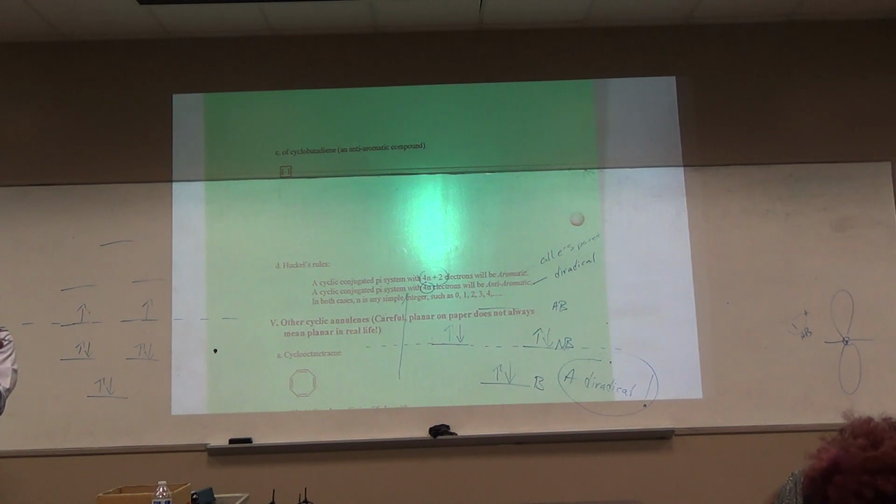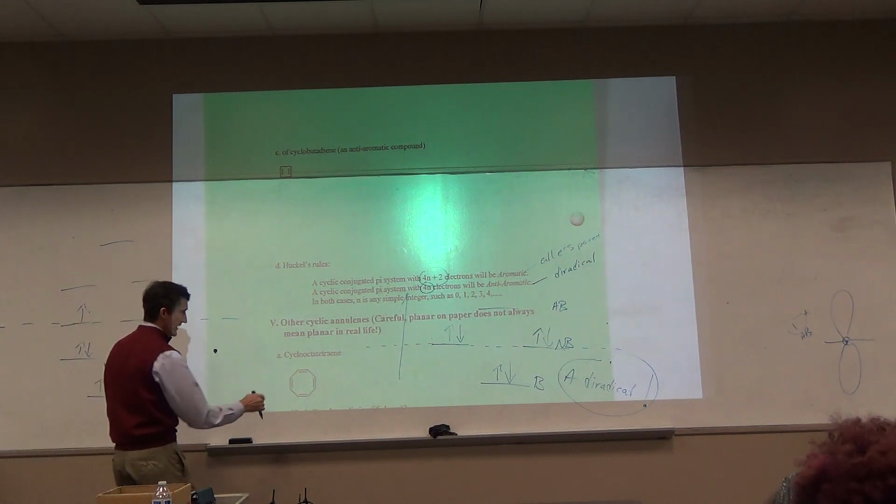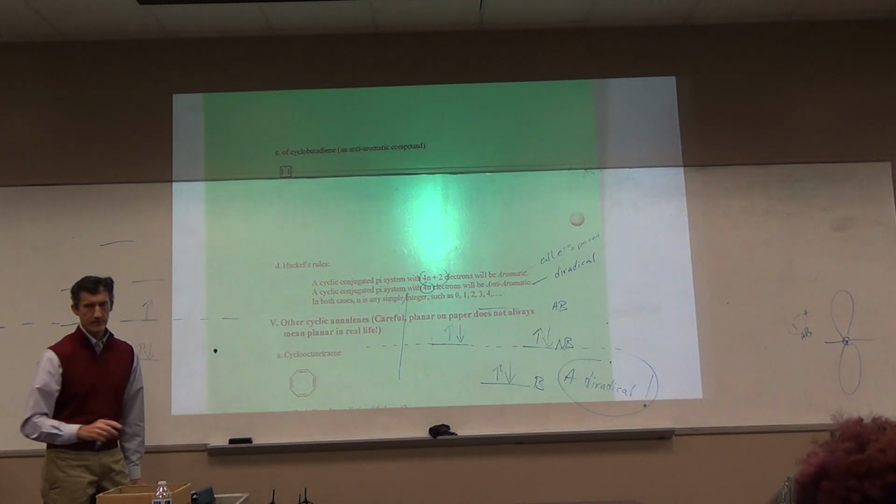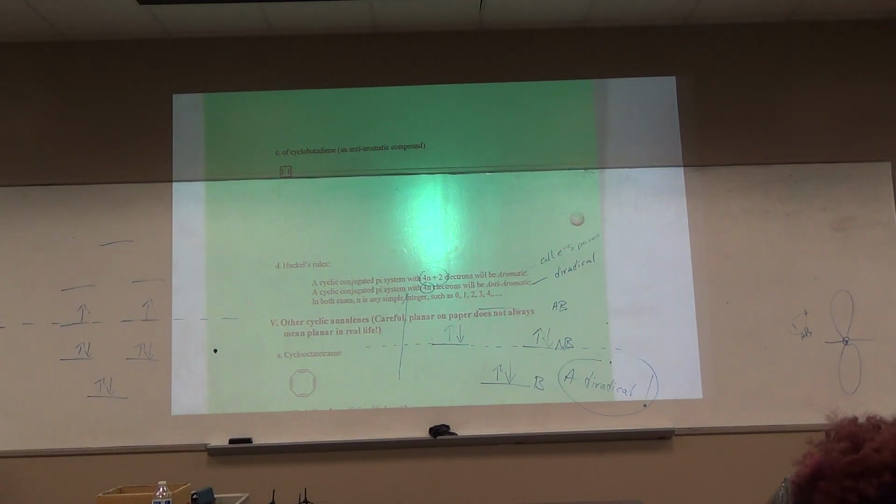And actually, if you can hold it in your hand, whenever I do this, you're going to feel the bonds going. Right now they're stretched, but now that also gives you a better bond angle. All right? And we call this molecule, is it aromatic? Certainly not. It has to be a 4N plus 2 to be aromatic.